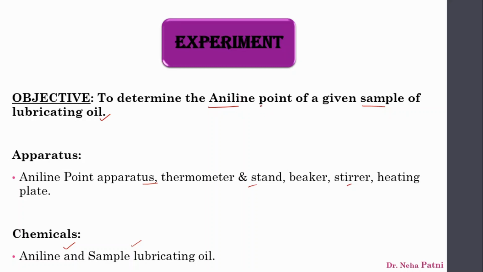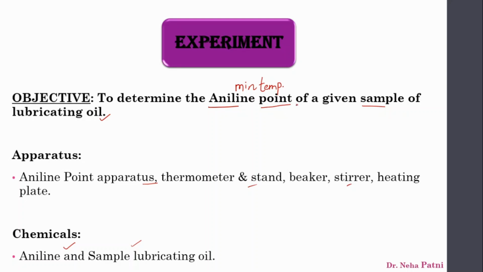When we call it a point, obviously a temperature value would be there, right? So aniline point is nothing but the minimum temperature at which equal volumes of aniline and your oil are miscible.